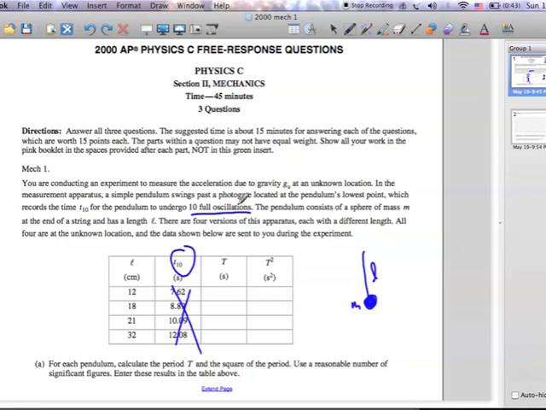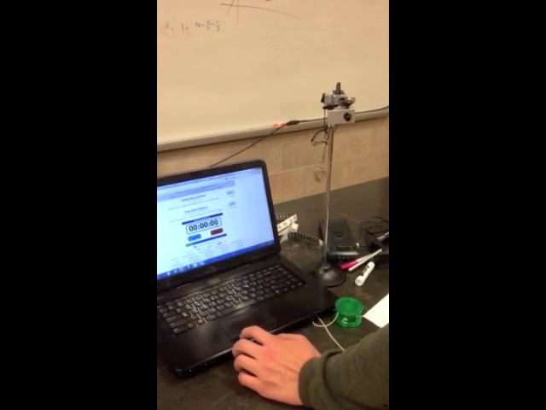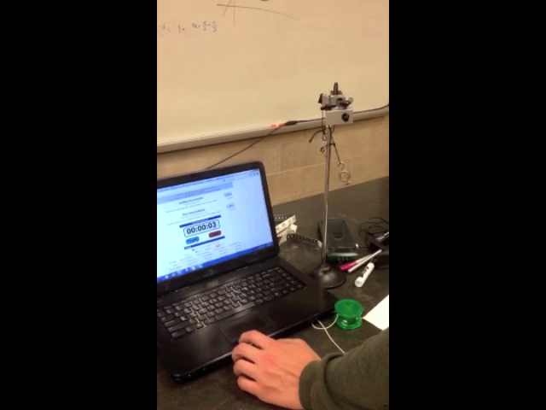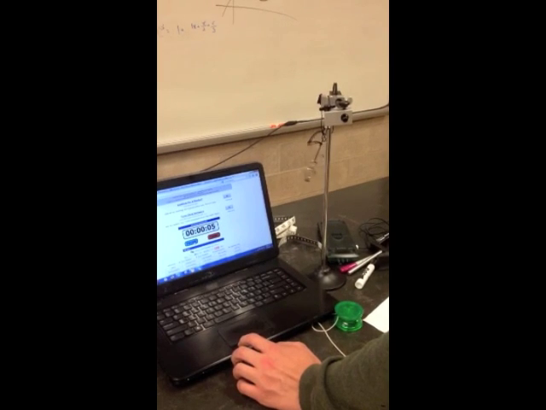So we built one of these apparatuses, and we got different values for the time for 10 periods. So here's the first one. 7, 8, 9, 10.